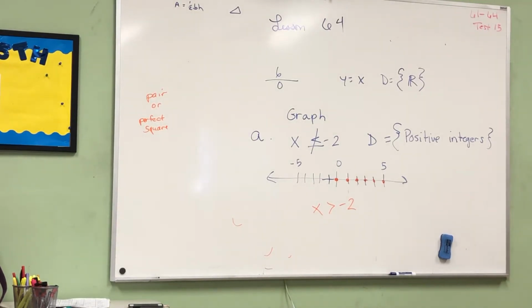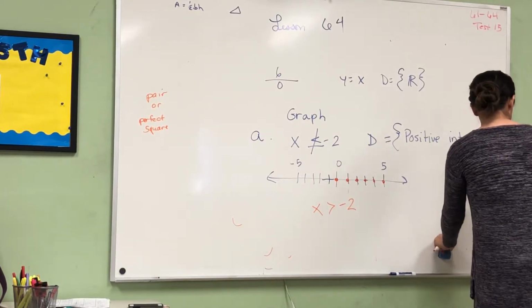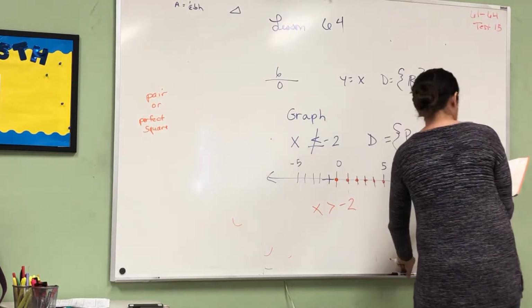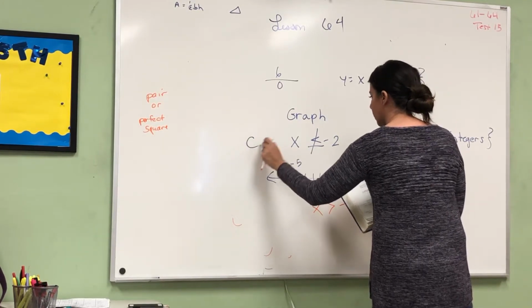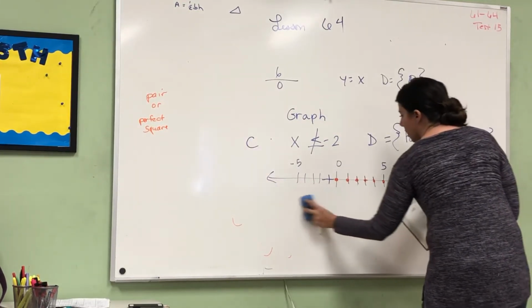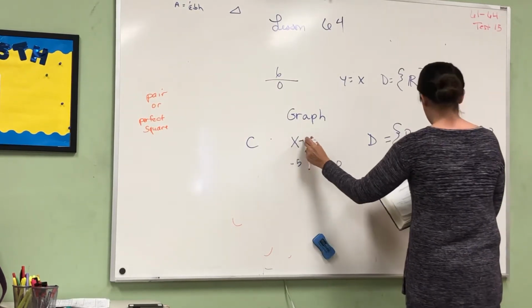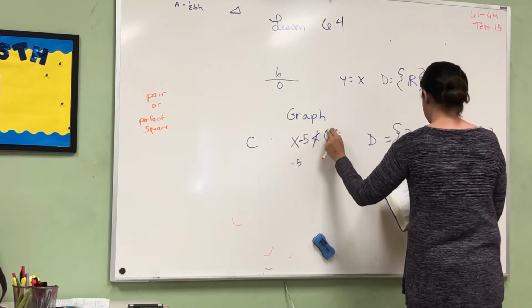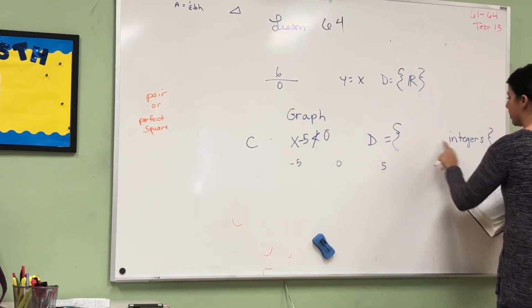All right. So what if we had a problem like C? C says x minus 5 is not less than 0, and your domain now is just integers.